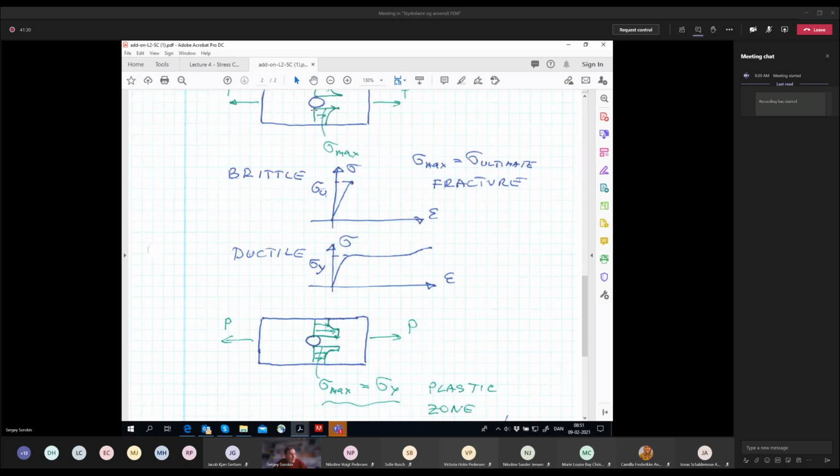Then the stress in the vicinity of this point cannot be any larger, right? The material cannot have larger stress than yield stress. So it means that this stress is frozen at the level of yield stress.